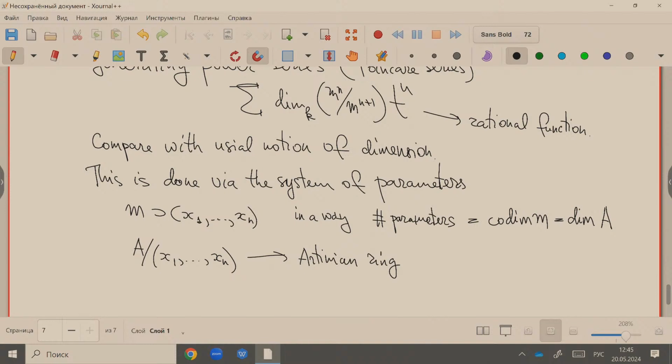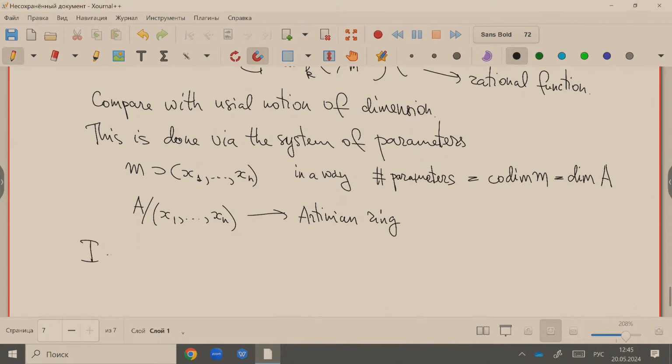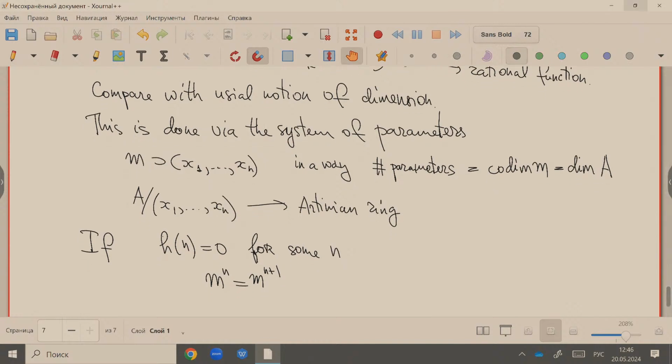We have proved that if you have stabilization, so if h of n is 0 for some large n, this will mean that M^n is equal to M^(n+1), and by Nakayama lemma this will imply that M^n is equal to 0.